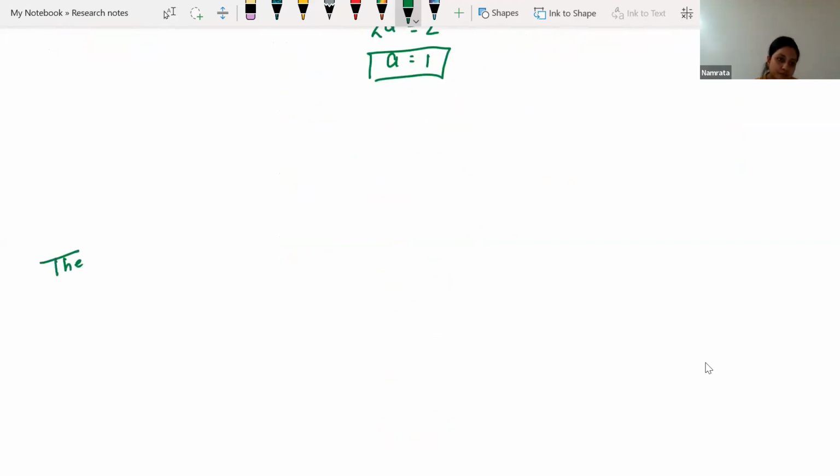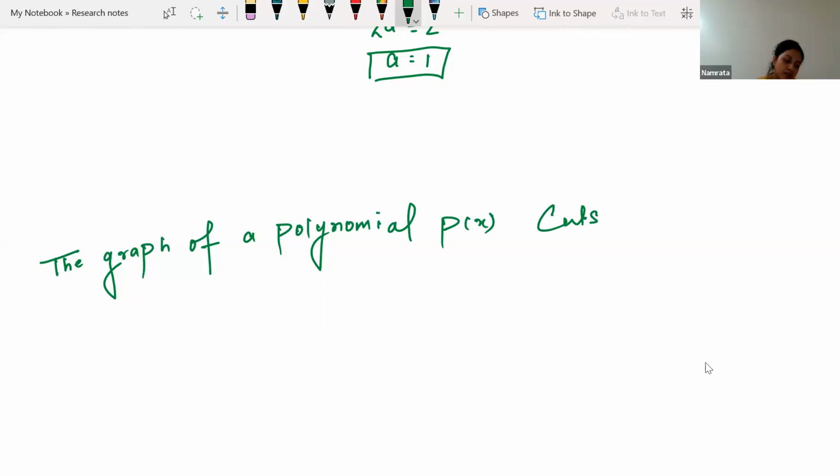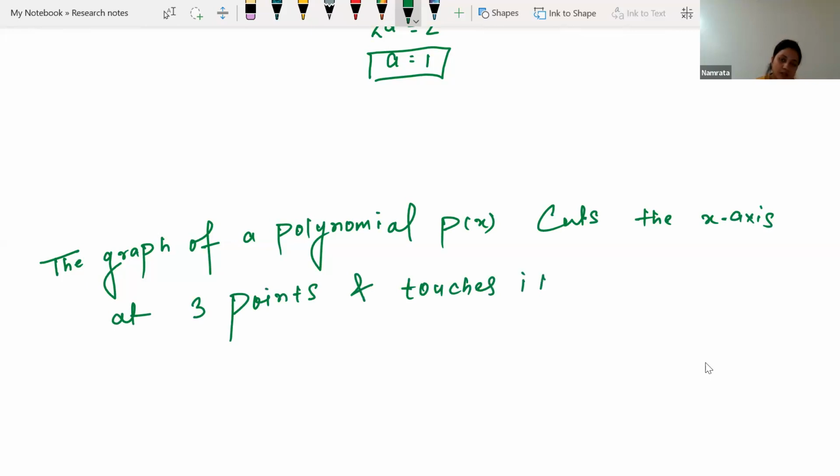The graph of a polynomial p(x) cuts the x-axis at 3 points and touches it at 2 other points.